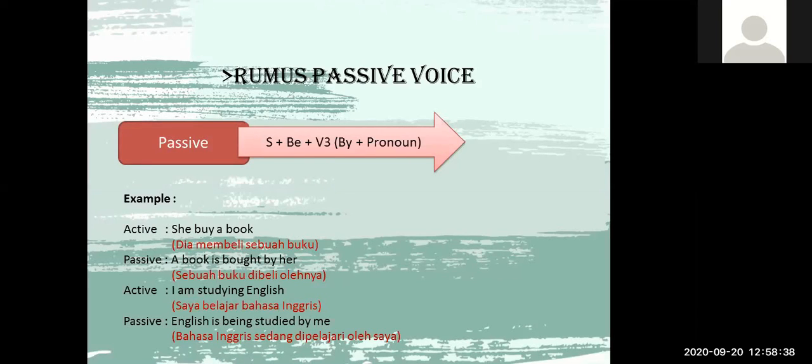Explain: I see a book. Passive: a book is seen by me. Active: I'm studying English. Passive: English is being studied by me.